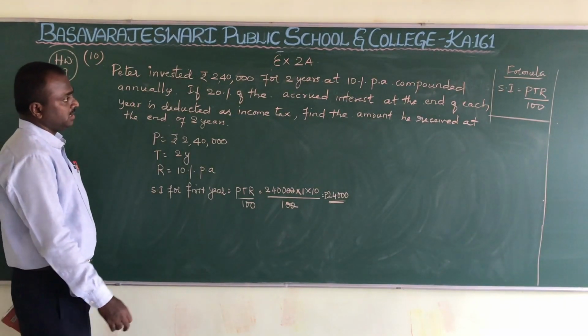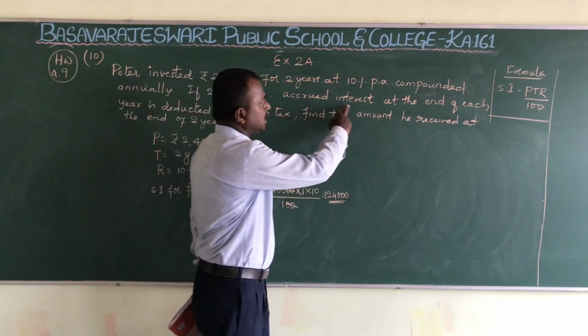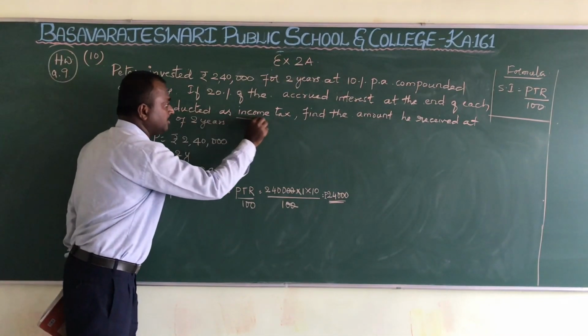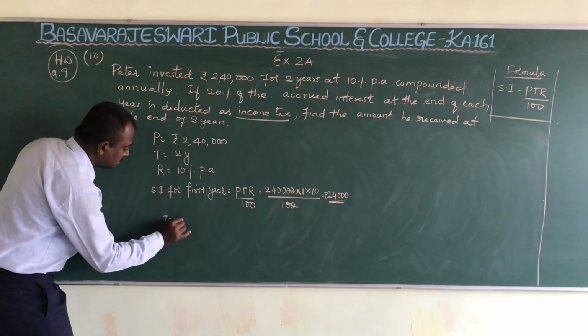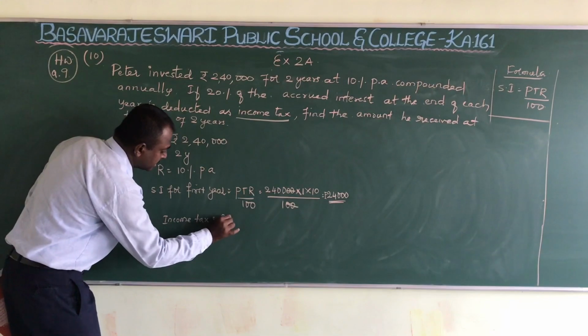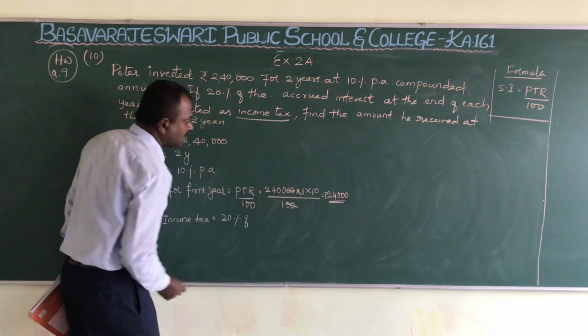Now what they are saying is, every year 20% of the accrued interest at the end of each year is deducted as income tax. So therefore income tax is equal to 20% of the accrued interest.